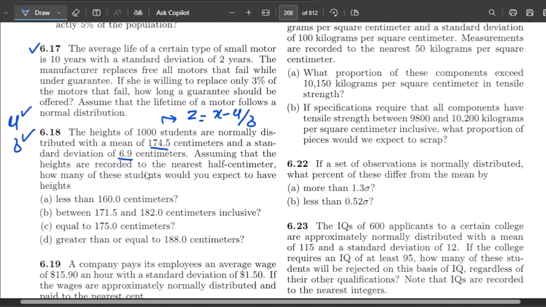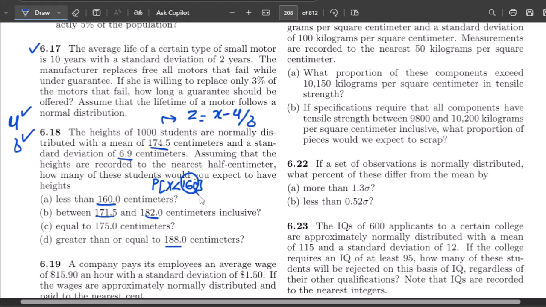Assuming that the heights are recorded to the nearest half centimeter, how many of these students would you expect to have heights less than 160 centimeters, between 171.5 and 182.0 centimeters, and greater than or equal to 188.0 centimeters? So this is the first part of this question.